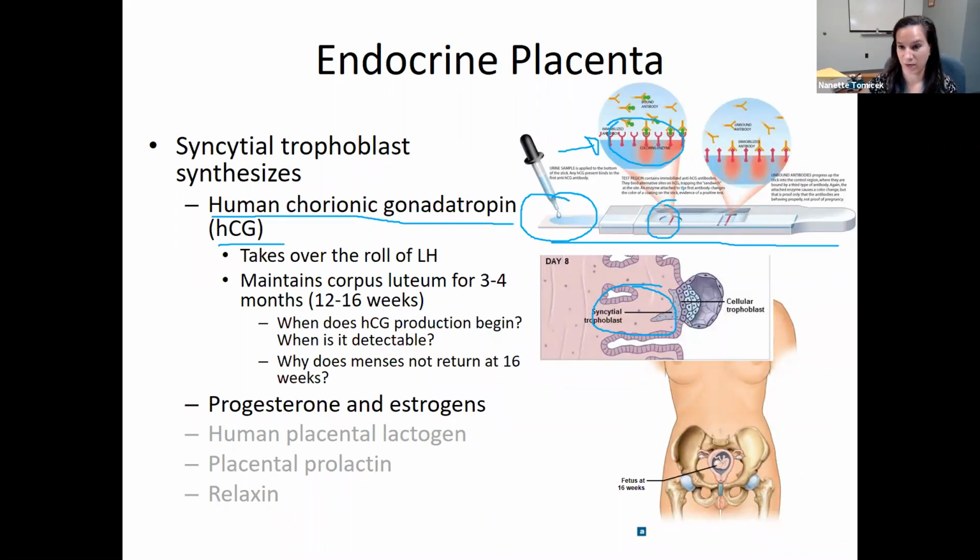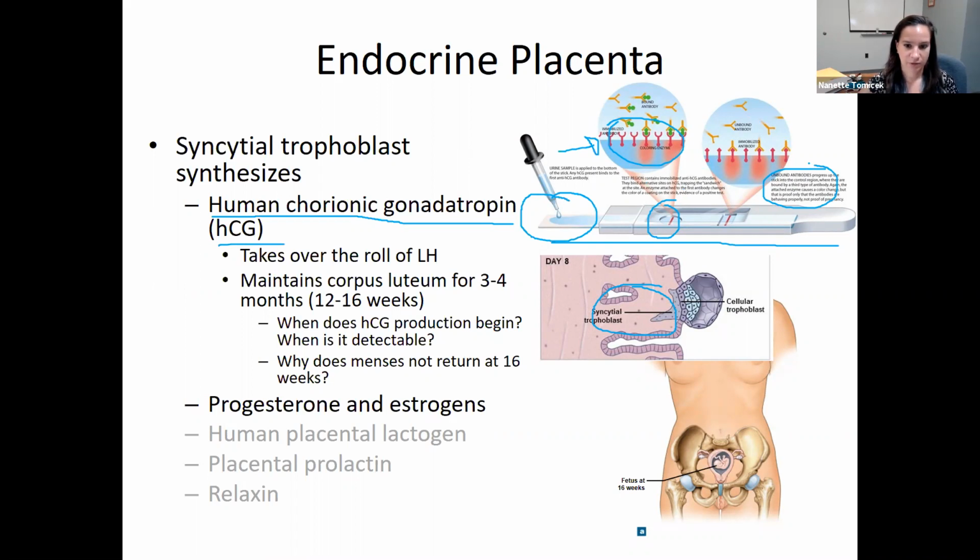Usually, you got to read the directions. They're all a little bit different, but that's usually what causes the color change on the stick, the presence of that human chorionic gonadotropin hormone. And then there's usually another little line there just to confirm that the test is actually working, that those antibodies are binding there.